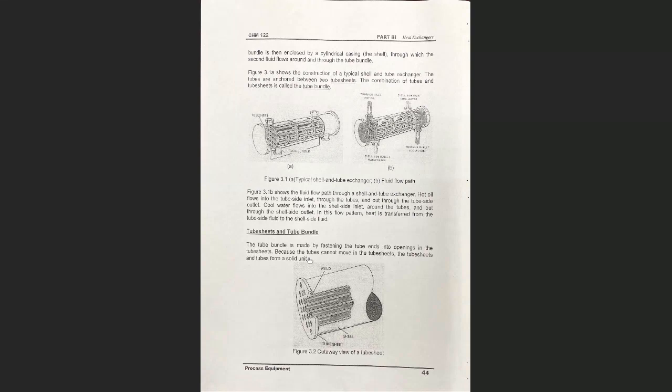Sometimes it is required to open the exchanger, and then they pull out the tube bundle from inside the exchanger to the outside for cleaning. What you are going to see is that the tube bundle is one unit. The tubes with the tube sheet are considered one body, not separate parts.